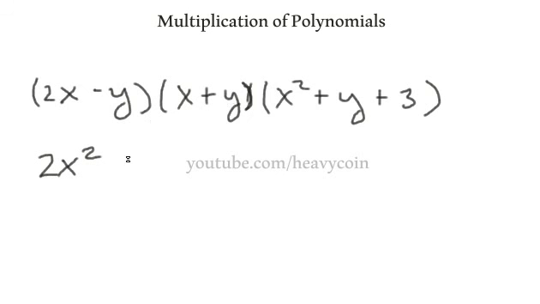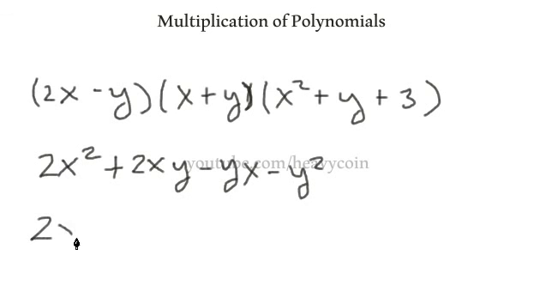And then 2x times y is plus 2xy. And then we're going to go to the next one. Minus y times x is minus yx. Minus y times y is minus y squared. Can we simplify any of this down? Yeah, a little bit. These are some like terms here. We have a 2xy minus yx, so that's going to be just a plus xy, and then minus y squared.